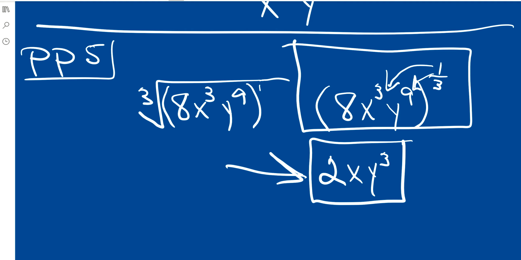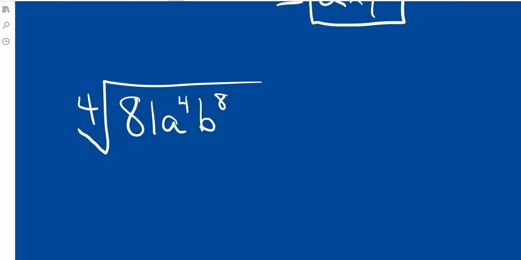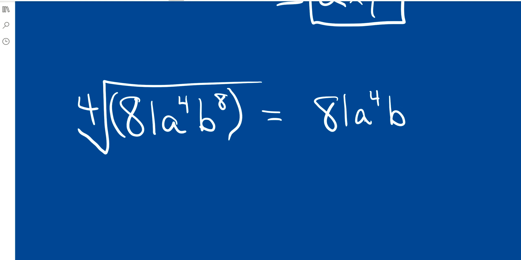Not bad. All right, we got one more to go here. And here it is. So let's write it with the rational exponent. And then by taking what's inside, 81, a to the 4th, b to the 8th, and all that is going to be raised to the 1/4 power.